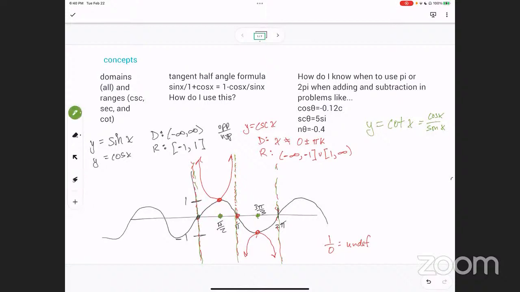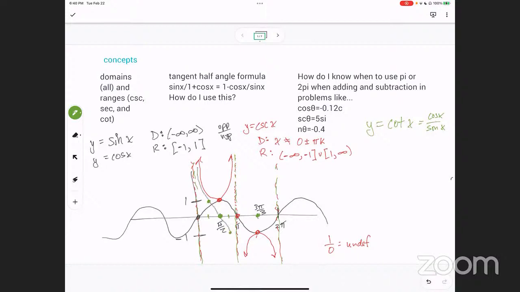It's going to go through pi over 4 comma 1 and 3 pi over 4, sorry, not 1, comma -1.